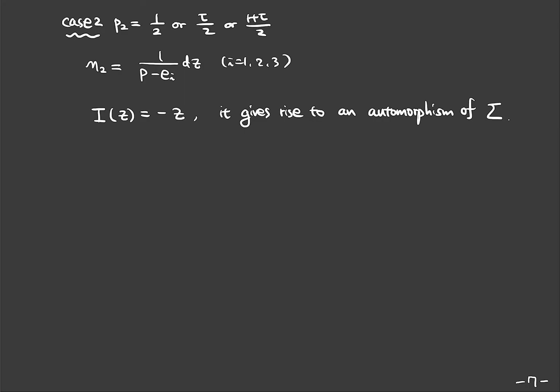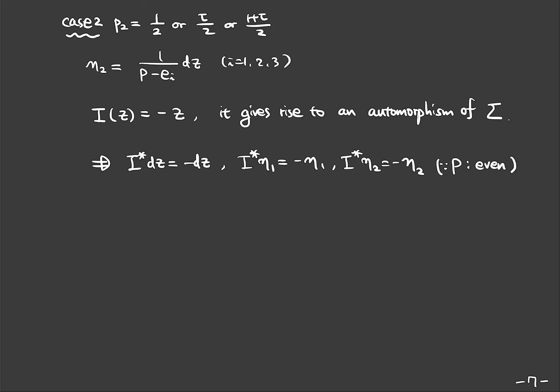Then we compute pullbacks by I. So pullback of dz is minus dz, and pullbacks of eta 1 and eta 2 are minus eta 1 and minus eta 2 respectively, because we know that the Weierstrass p function is an even function.